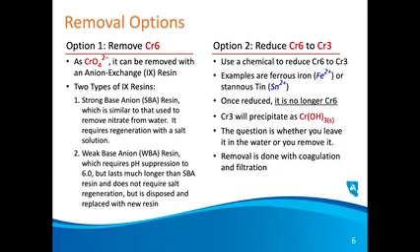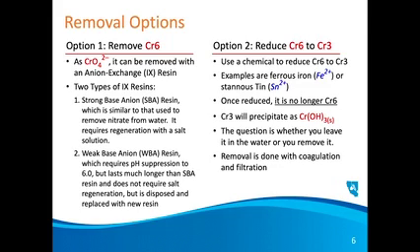So knowing that chemistry, now we can think about treatment. On the left-hand side, you have option 1 for treatment. If you're trying to remove Chrome 6, you can think about removing that ion, and that's the CrO4 2-. So we have a negatively charged ion that we want to remove, and ion exchange is the default process for removing ions from water.